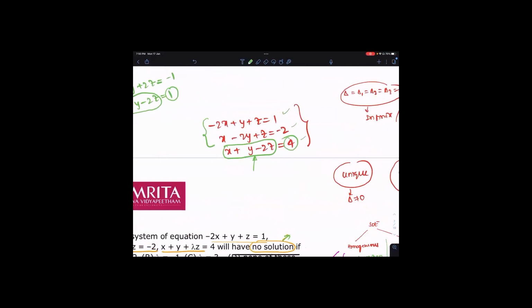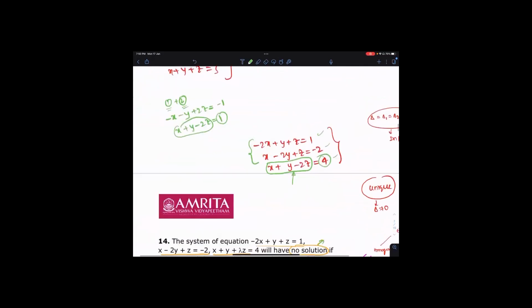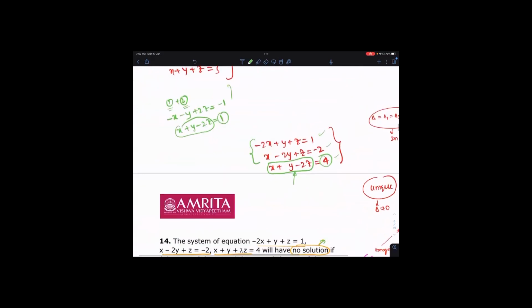Now using the first and second, or second and third, whatever it may be, if you are using first and second, try to get the left-hand side of the third equation. We are getting it. You will get it easily. The questions will be that way. Then see, using the first and second equation, are you getting the third equation completely or not?